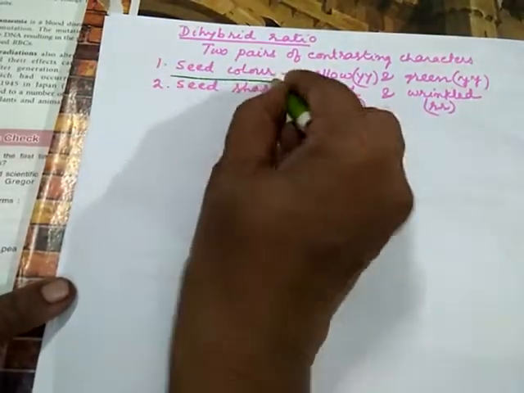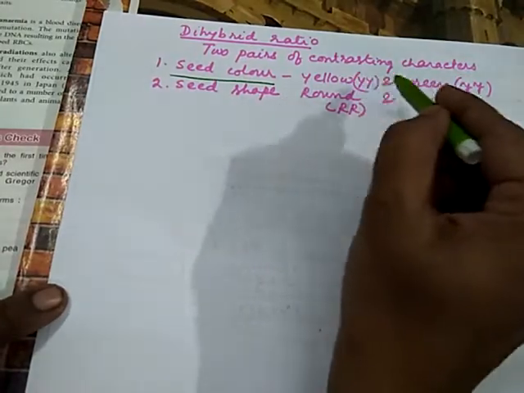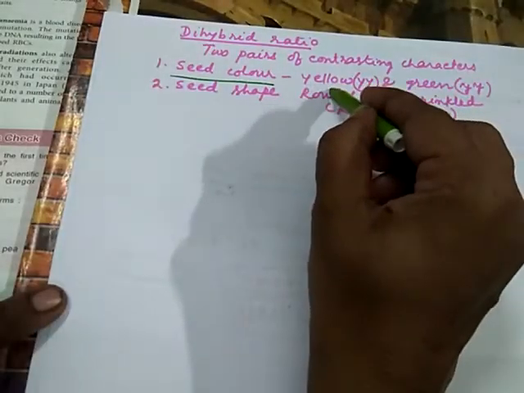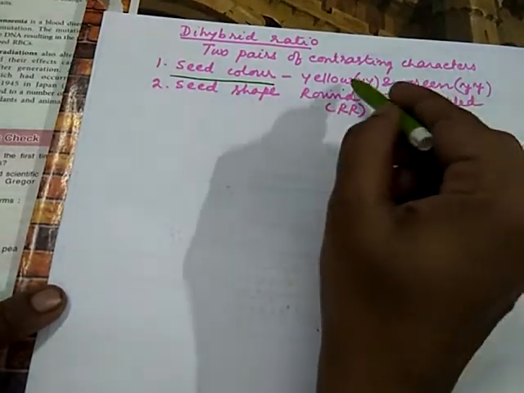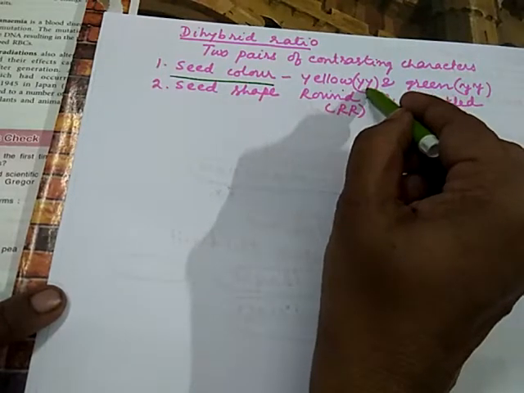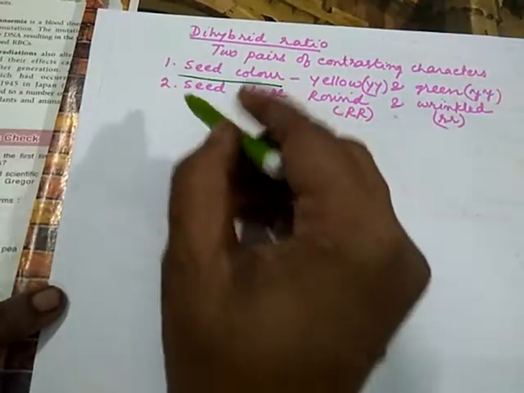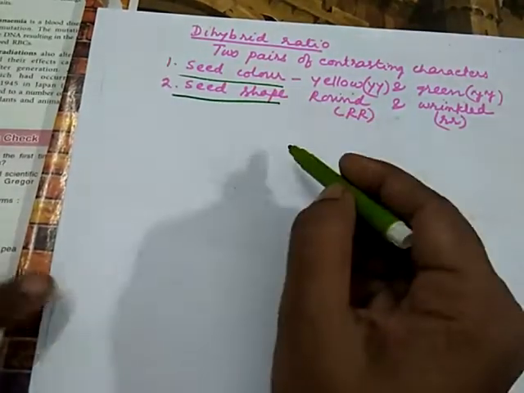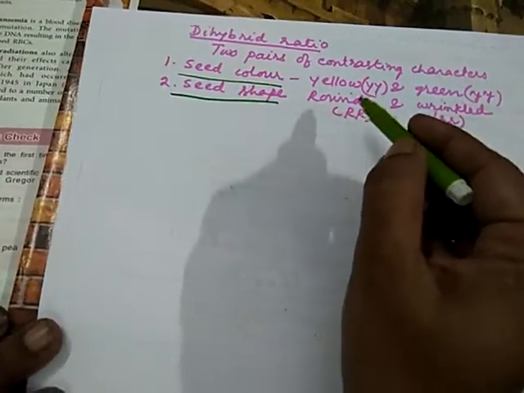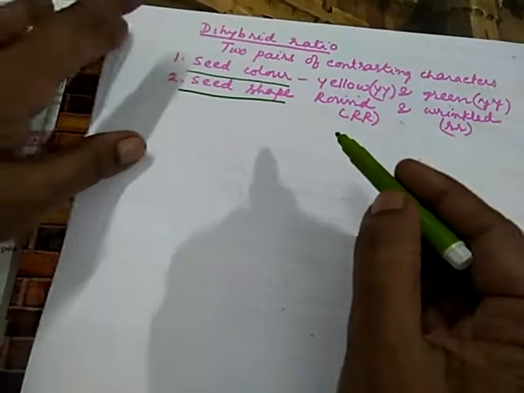Seed color has two colors: yellow is dominant and green is recessive. Yellow is given the capital Y, green is given the small y. The second character, seed shape, has round and wrinkled shapes.